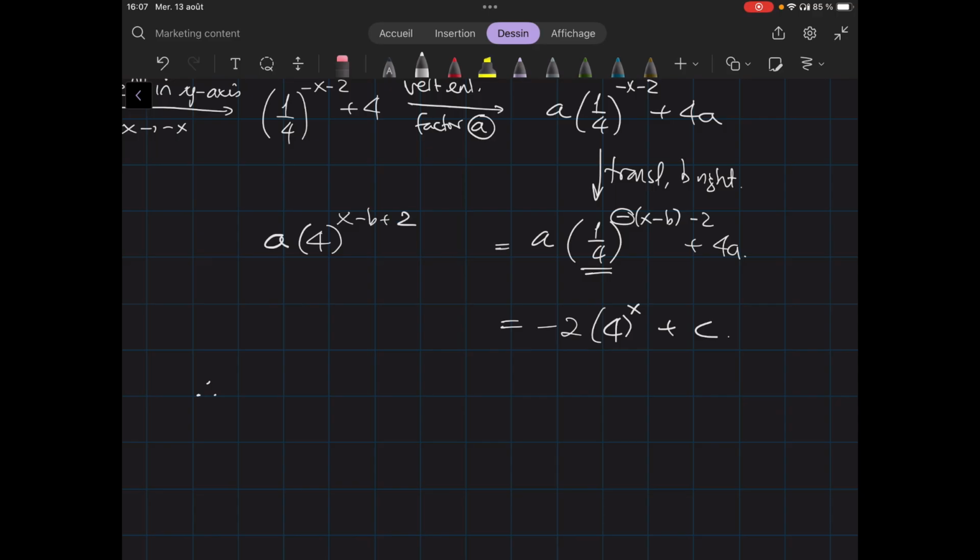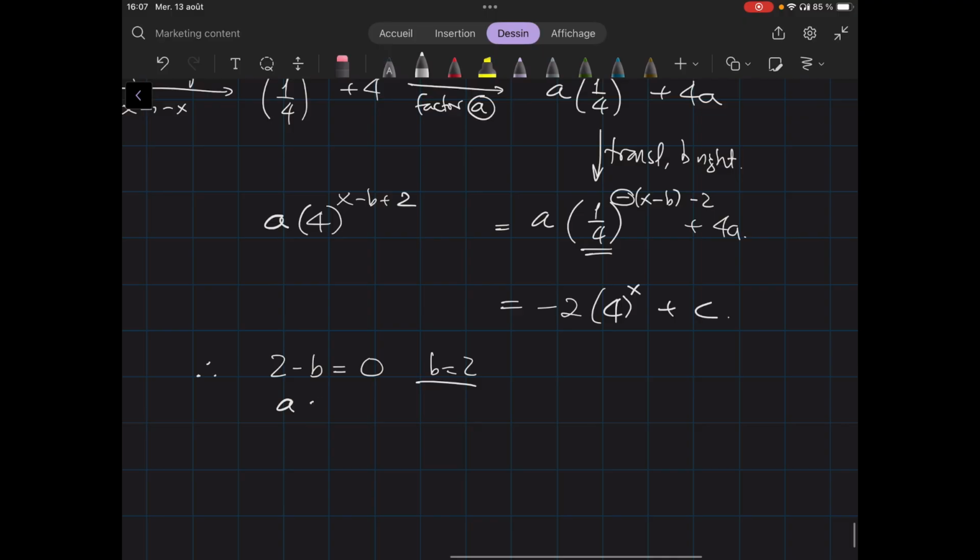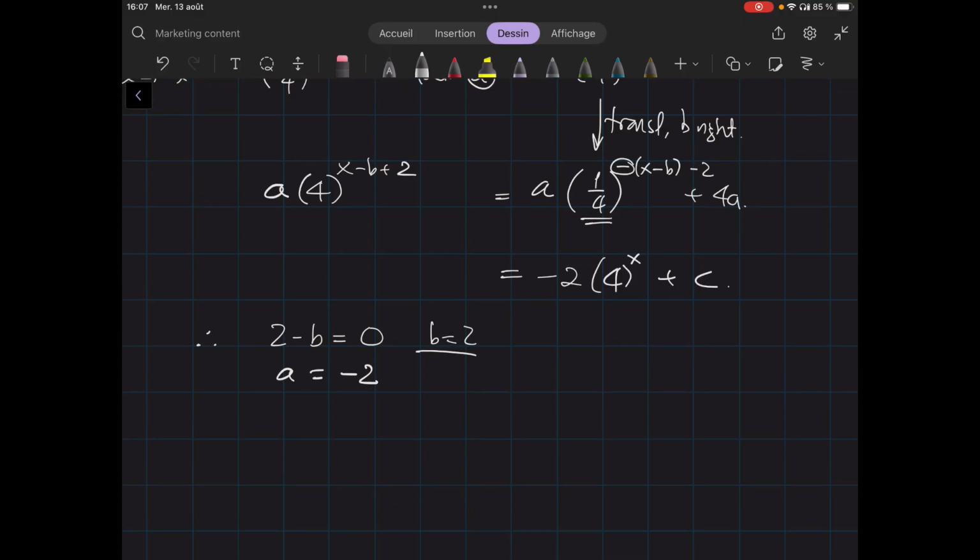Therefore, 2 minus b is equal to 0, or b is equal to 2. A is equal to negative 2. And c is equal to 4a, or equal to negative 8. So this is one possible answer.